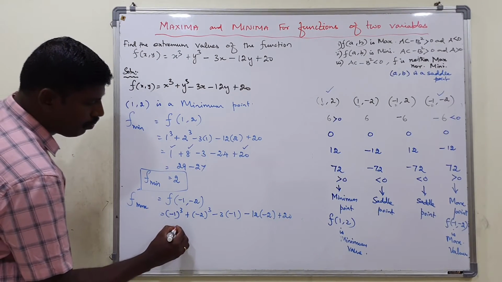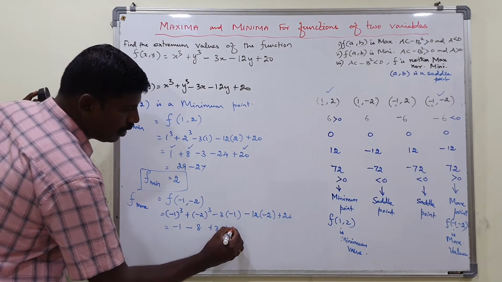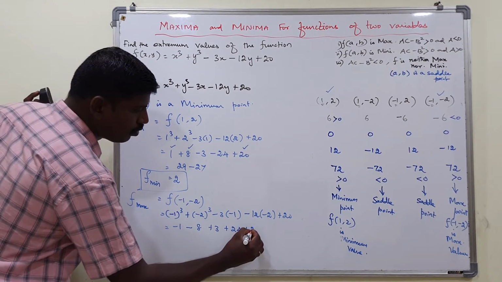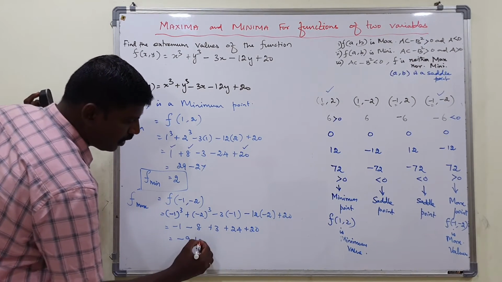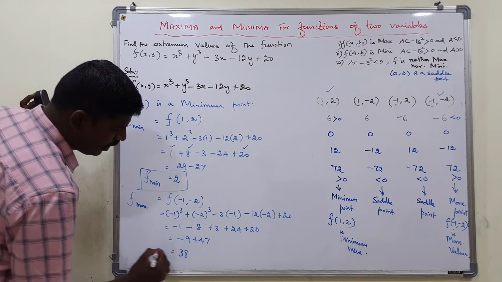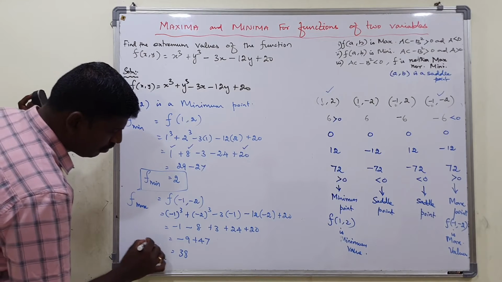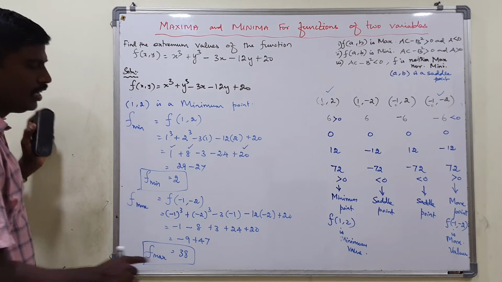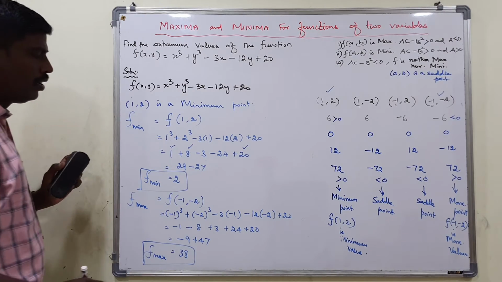What is this value? Minus 1 minus 8 plus 3 plus 24 plus 20. That is equal to minus 9 plus 44, 47. That is equal to what? 38. So the maximum value of the function is 38, attained at the point minus 1 comma minus 2.